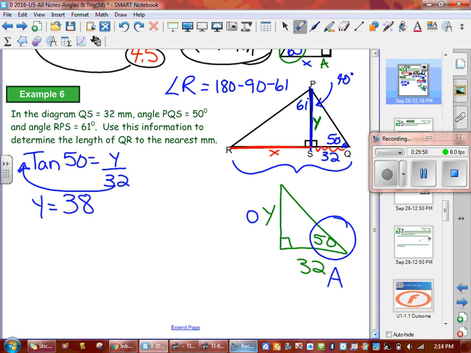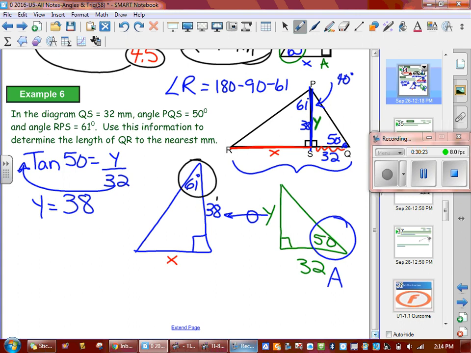Now on my other triangle, I have a 38 here, which is Y, and then I've got the 61 degrees. I can find x, and then I just have to add it to that 32. If I label my triangle on this one, I've got my adjacent side and opposite side, so I'm using tan again. But this time it's a different angle. So tan of 61 degrees is x on top of 38.